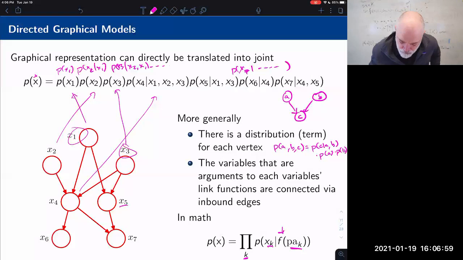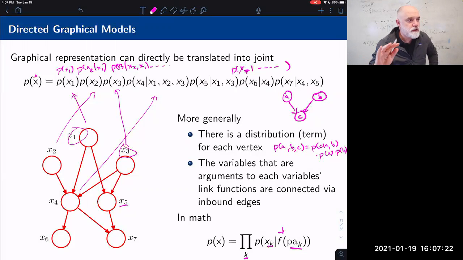Okay, so there are some conditions in which A and B are independent. We're not going to go through this. I expect you to read this on your own. It's in the lecture notes. It's elsewhere, but let's look at this.